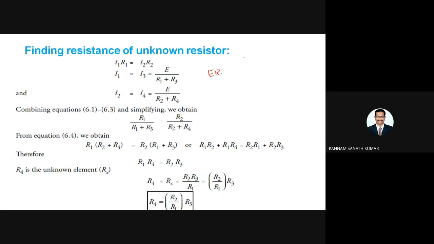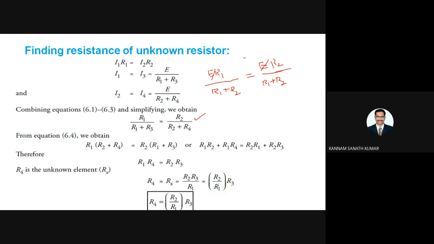We get E R1 divided by R1 plus R3, which is equal to E R2 divided by R2 plus R4. E is common, so E gets cancelled.